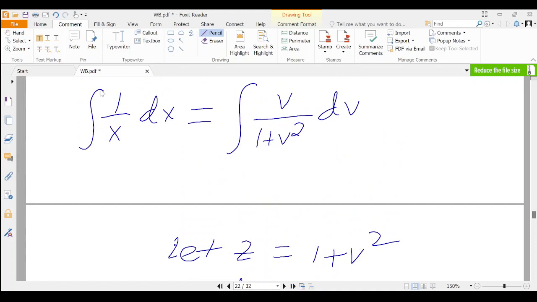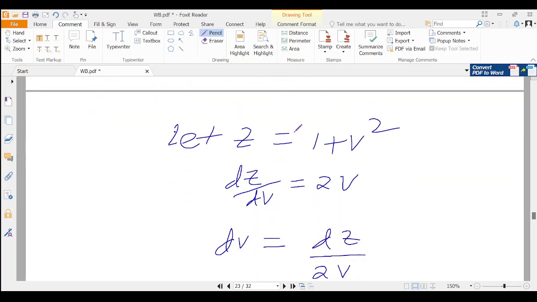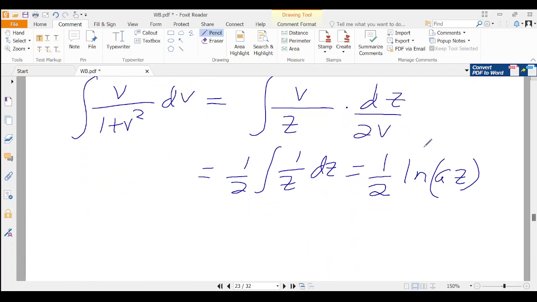So, therefore, if we go back now to our equation, when we integrate here, the left-hand side becomes logarithm of x, and the right-hand side becomes logarithm of az.